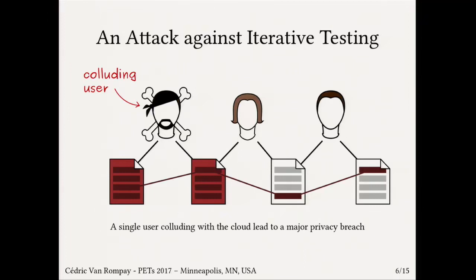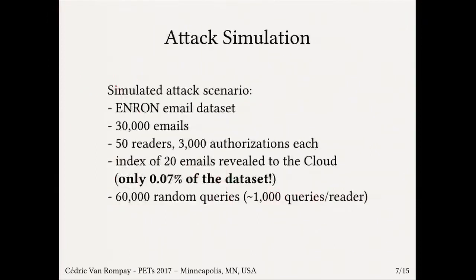So the attack is very simple, right? But what's maybe less intuitive and more interesting is how powerful it is. To see that, we ran statistical experiments. We follow a methodology that's as close as possible to the one of Cash et al. Here we give some figures about the conditions, but the most important one is this.